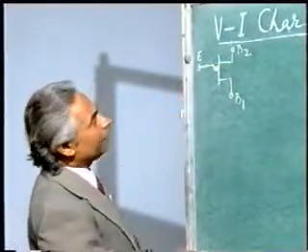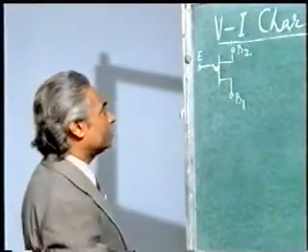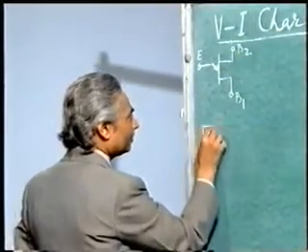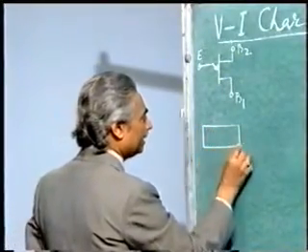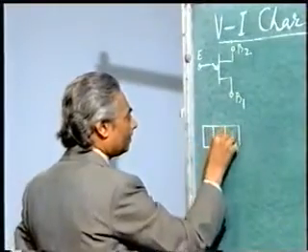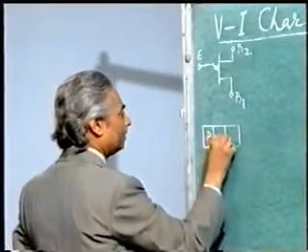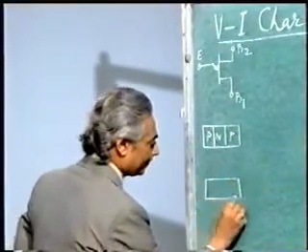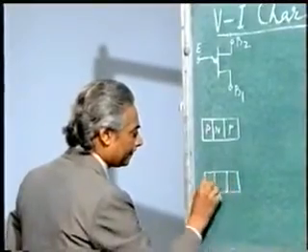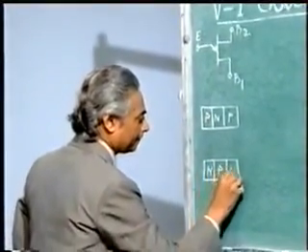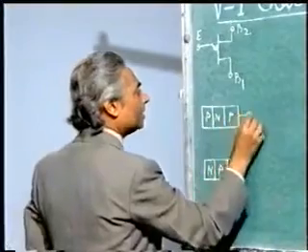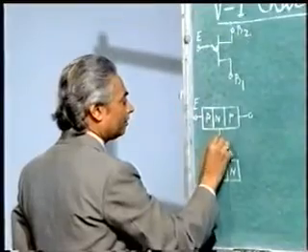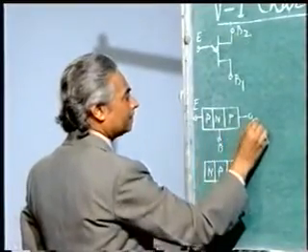And if I compare it with a bijunction, that is bipolar transistor, if I draw its layer diagram, the bipolar transistor could be either a PNP type or an NPN type. Here you find that the terminals are emitter, base, collector.